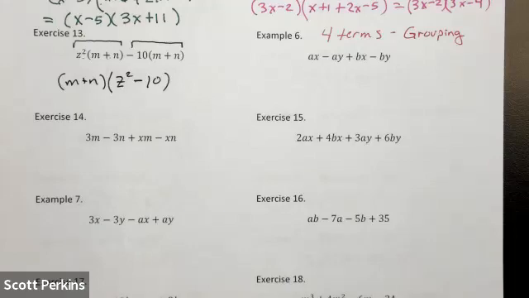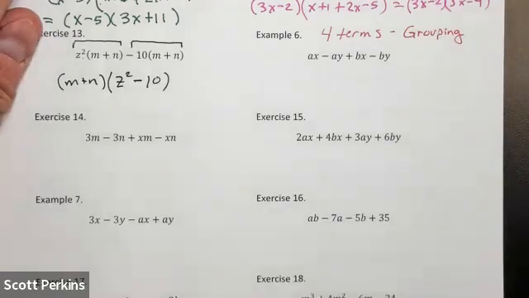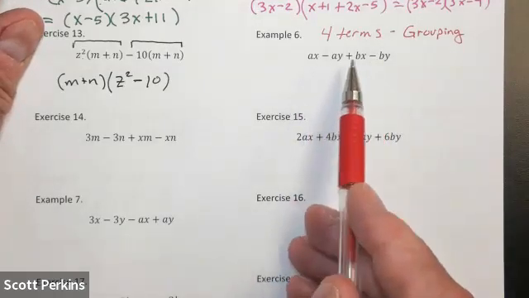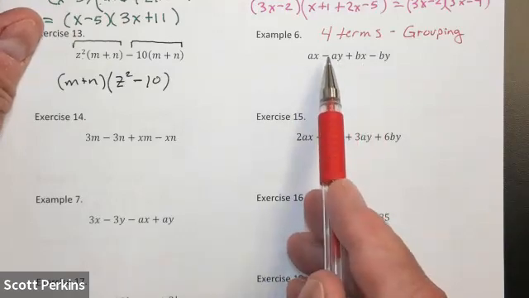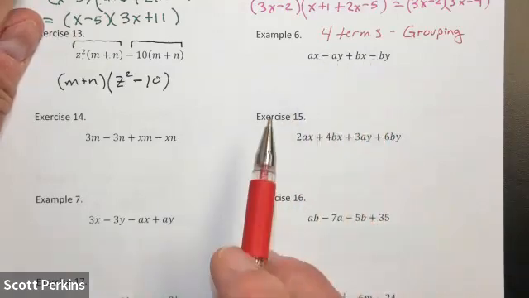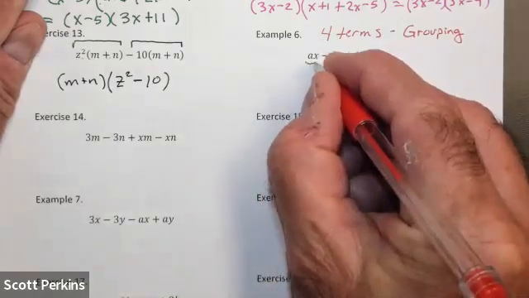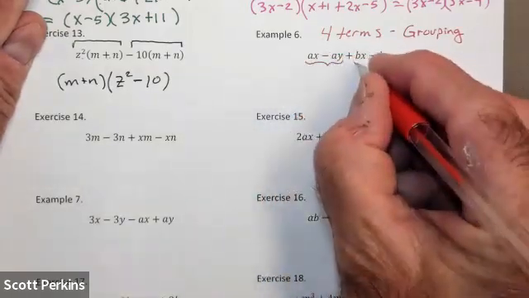Again, you may have seen this before. Factoring is super common in high school algebra classes, so you might know exactly what's going on. All grouping means is this. In order to write this thing with 4 terms as a product, that's what factoring is, what I'm going to do is I'm not going to look at all 4 terms. I'm going to look at the first 2, and I'm going to look at the last 2.